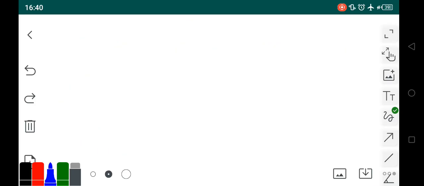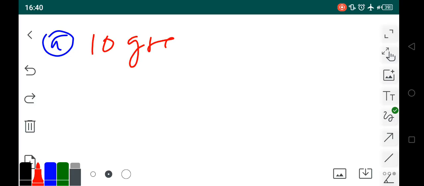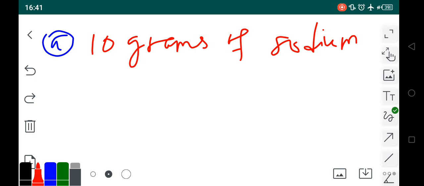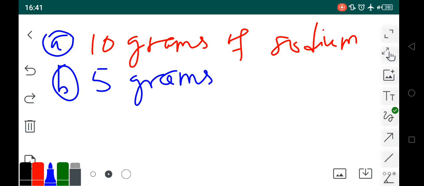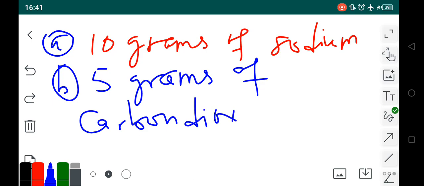What's going to happen is you're going to have, let's say, 10 grams of sodium, and B, let's say I'm going to have 5 grams of carbon dioxide.